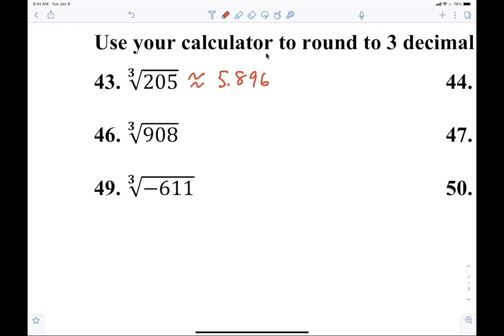Are you doing number 43? Cube root of 205. And the same button that we use for square or cube root? Cube root. Oh, I was hitting square root. We're doing cube roots. Okay, good.